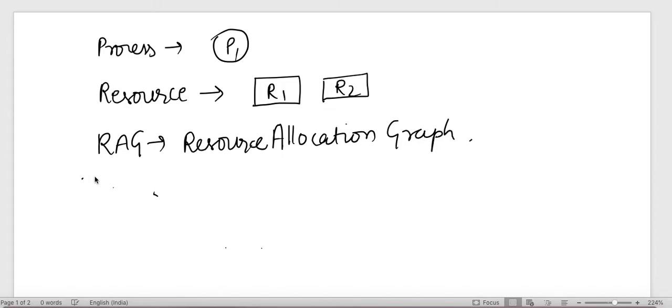Now let's suppose we have to find out whether there is deadlock or not. How will we do it? Let's see one example.